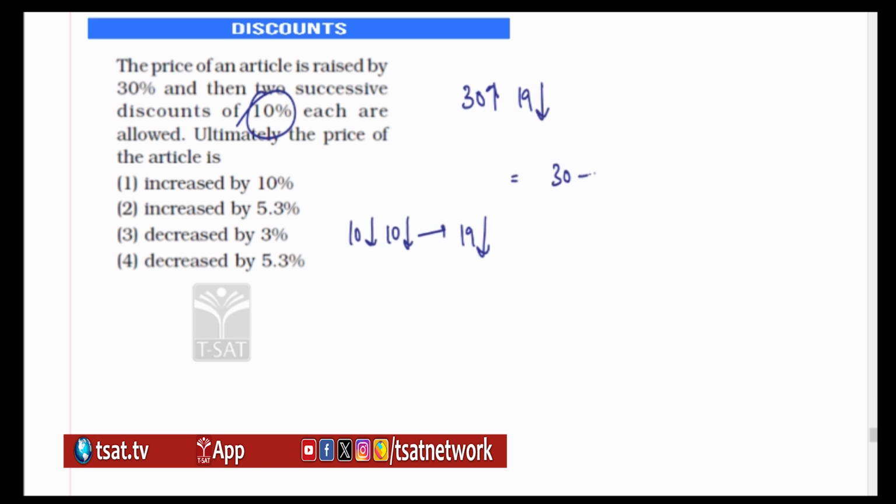Therefore, 30 minus 19 minus 30 into 19 by 100. It is 11 minus 570 by 100, that is 5.7, which equals 5.3% increase. Positive sign, therefore it is an increase.